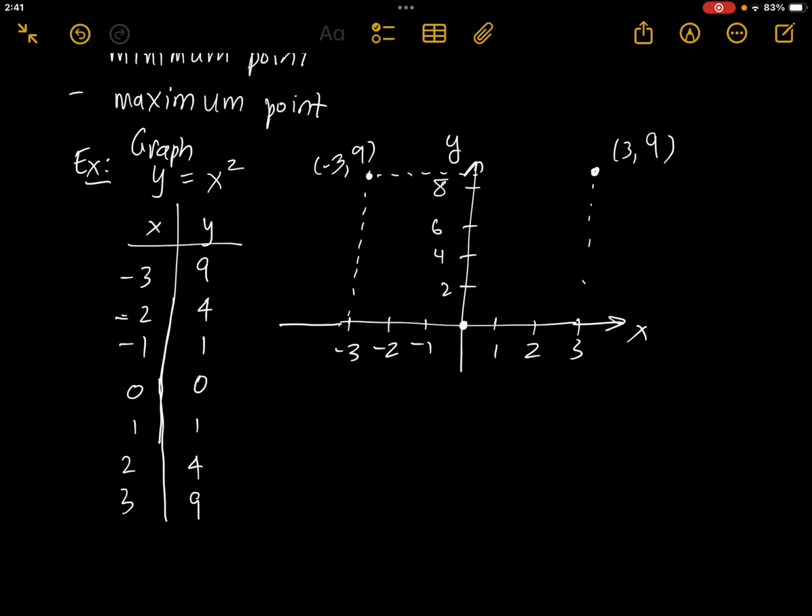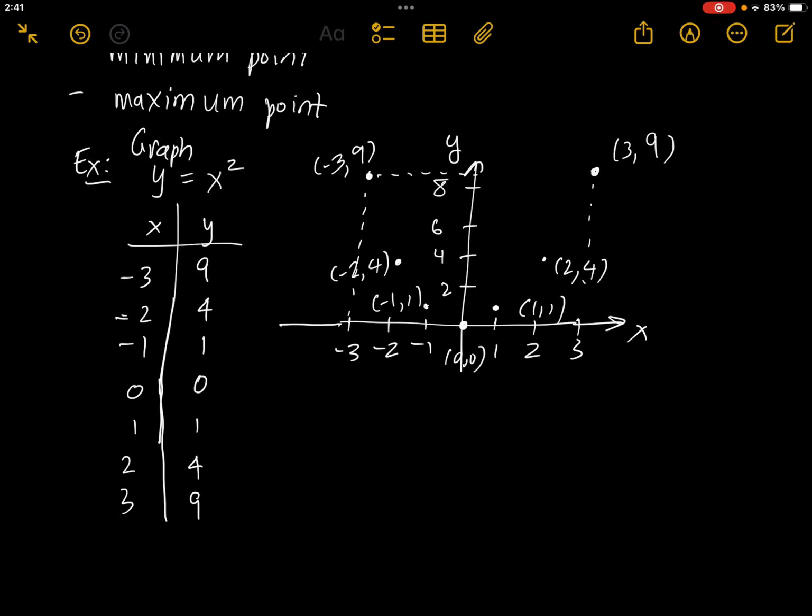Then I have -2, 4, so that's around here. -2, 4, and I also have 2, 4, just around there. -1, 1, just like here. Oops, well, what happened? -1, 1, 1, 1, and then I have 0, 0.